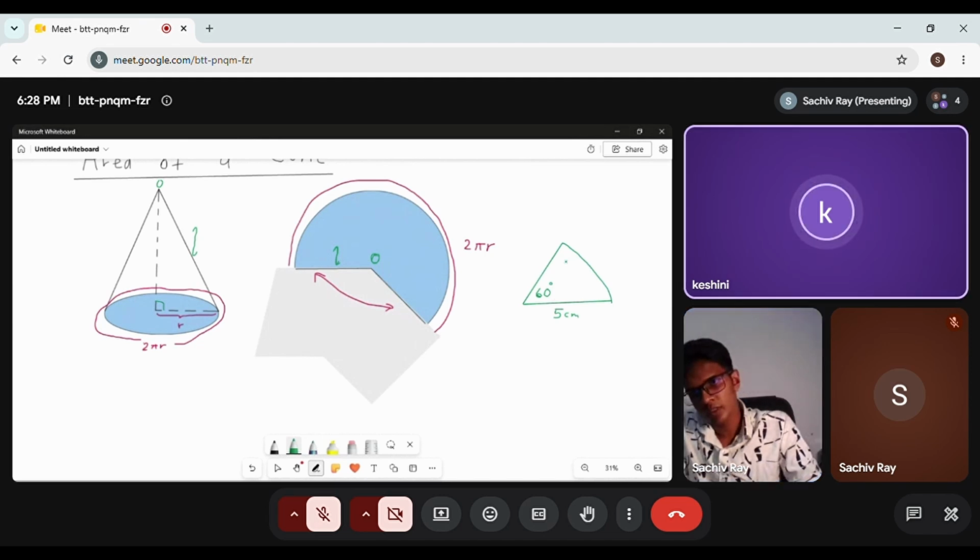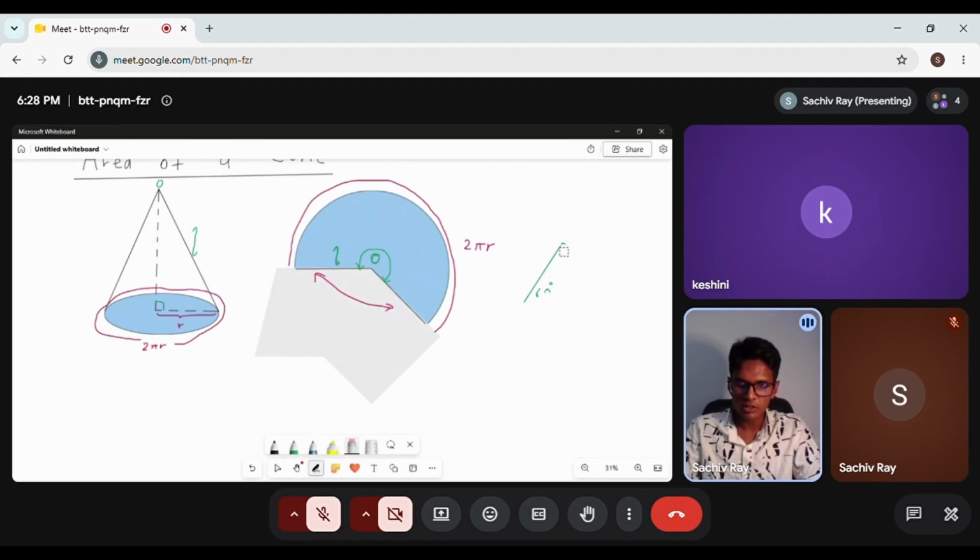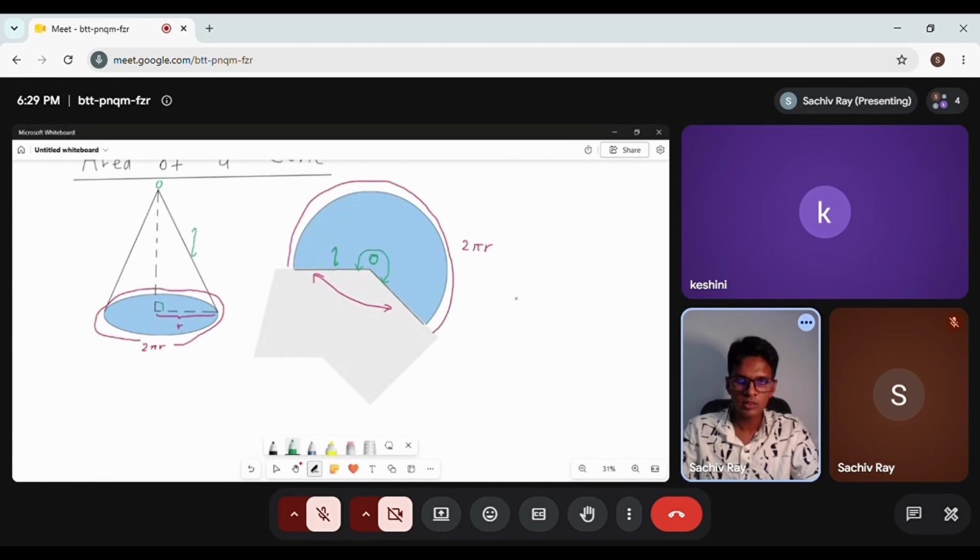Okay, so here theta is 60 degrees. But do you know the theta over here? So this should be theta, right? This angle. Yes, sir. Now let's try to find that theta. What do we know? We know that this outline, the circumference, is 2 pi r, right? Yes, sir.